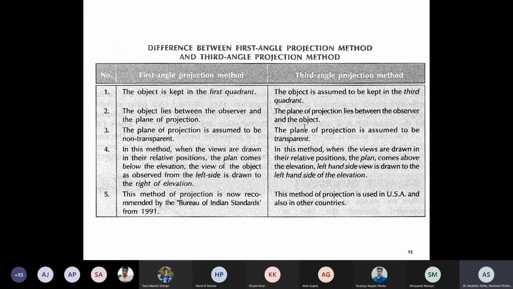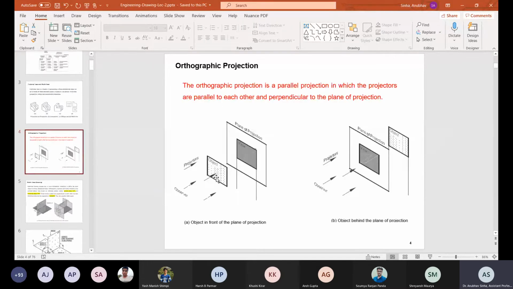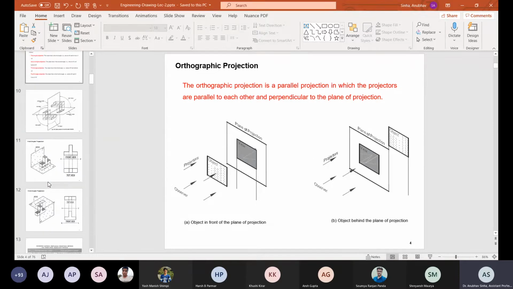So if I go back to the previous slide, this is what I'm talking about. This is your first angle projection, where object is before the plane, and third angle means object is lying behind the plane, and we see a transparent plane, let us say.